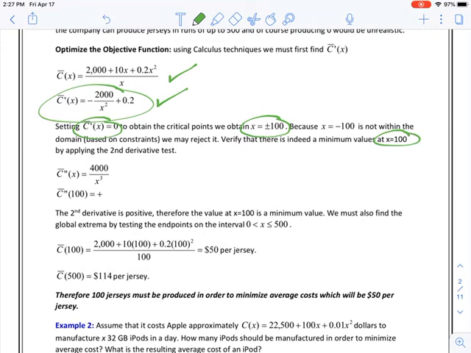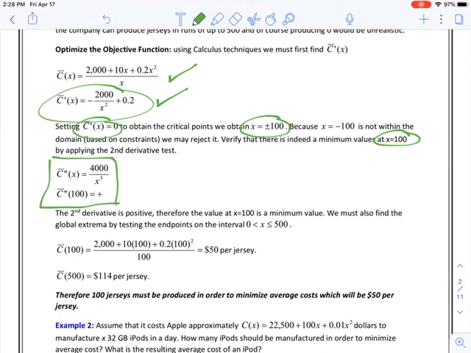The only thing that we want to do is to make sure that it satisfies our problem by being a minimum value. Okay, a minimum value, not a maximum value. And so remember, we can use either the first derivative or the second derivative test to test for maxes or mins. In this problem, I used the second derivative test.